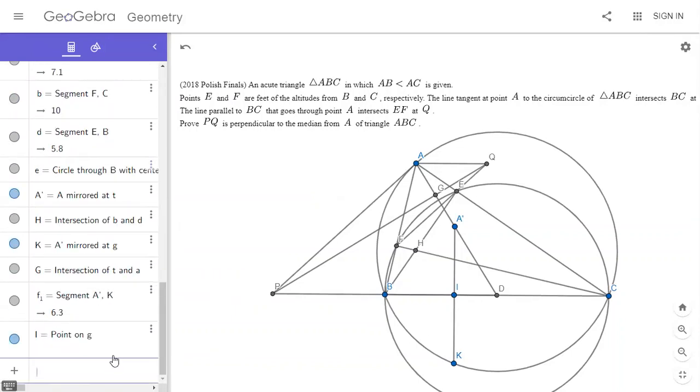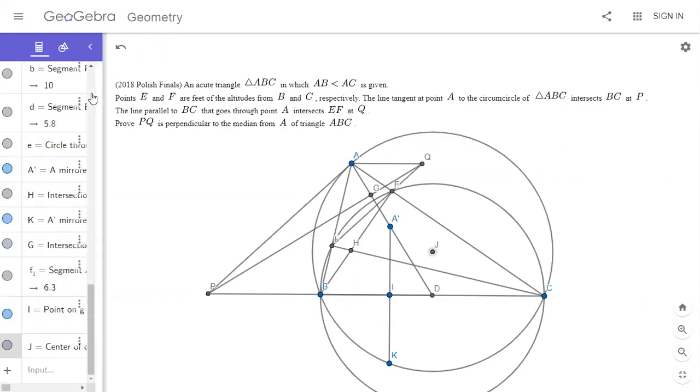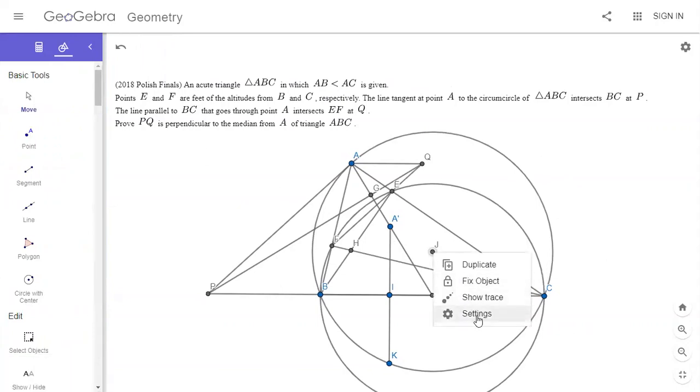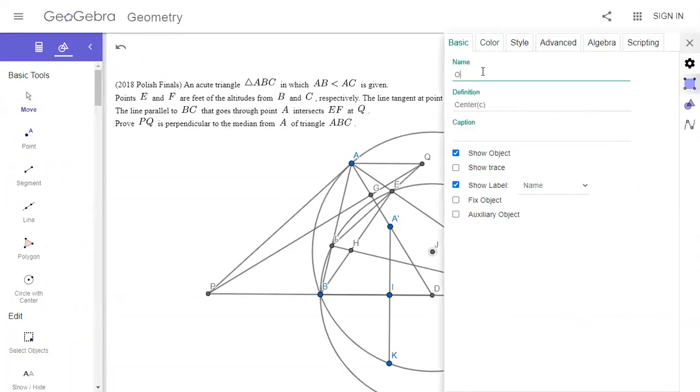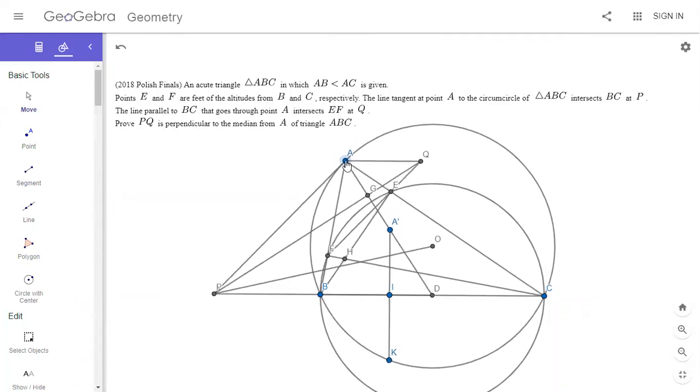Okay. I'll just call it O. And can you draw in PO? Yes. And it looks like it meets on AI. Oh, not necessarily.